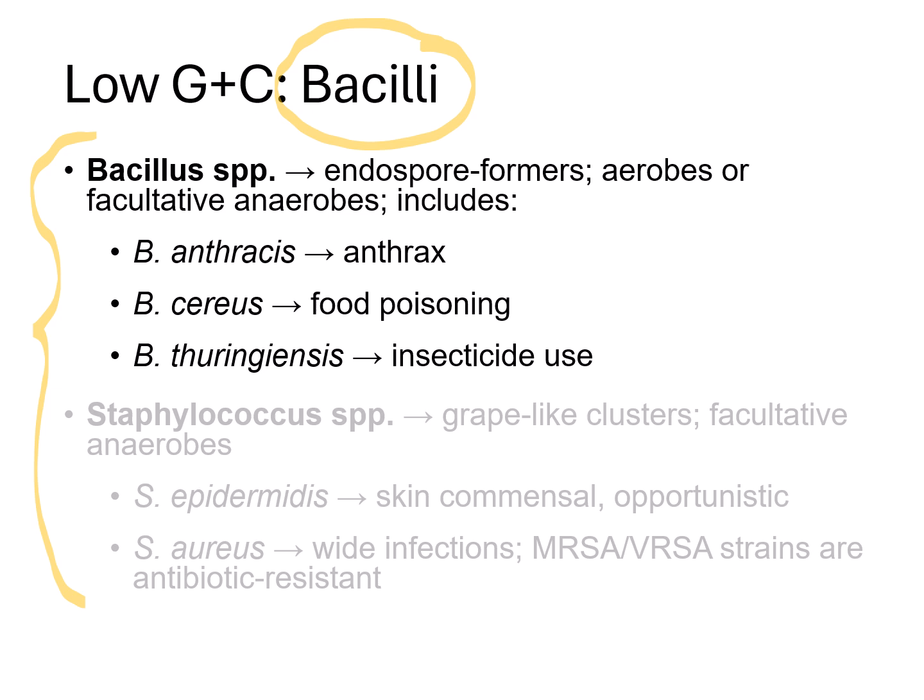So of important bacillus, if I look at the genus Bacillus, all of these species within the genus Bacillus are endospore formers. So they can make endospores, they can survive harsh environments, and they're either aerobic or facultative anaerobes typically. Clinically relevant examples include Bacillus anthracis.